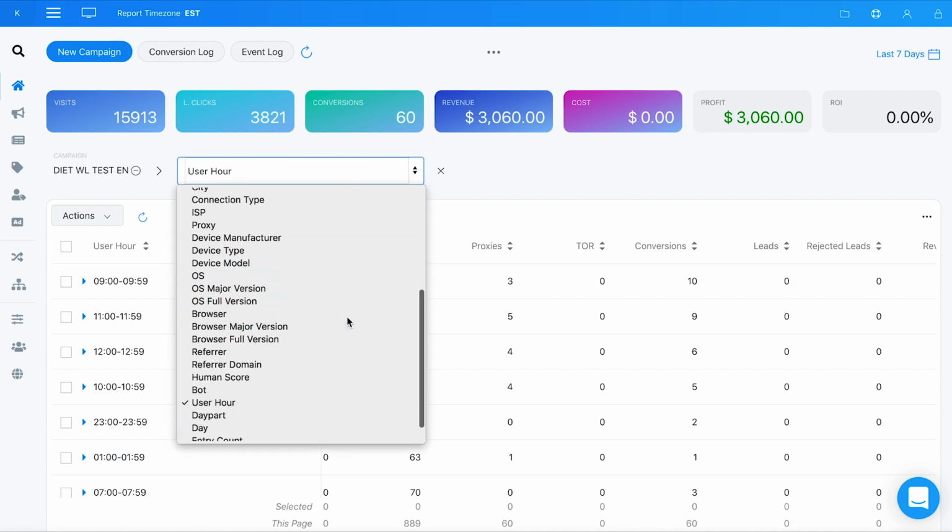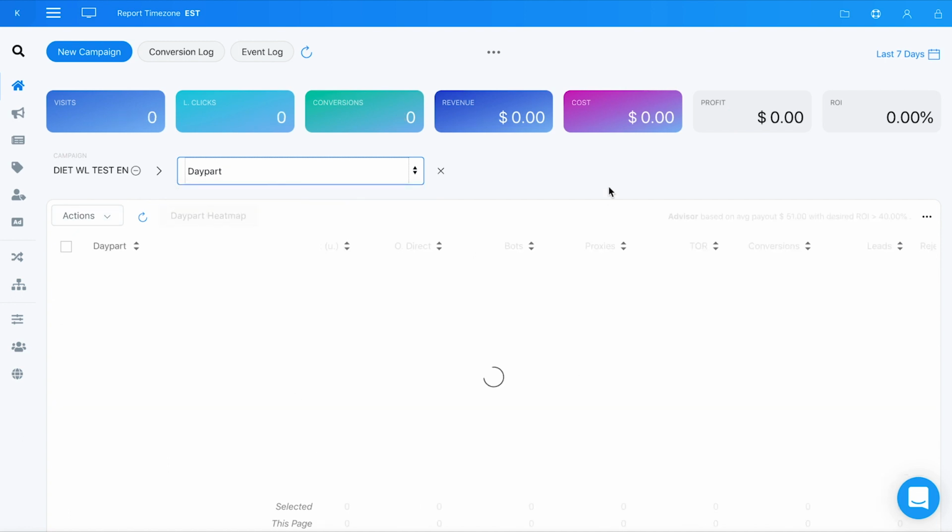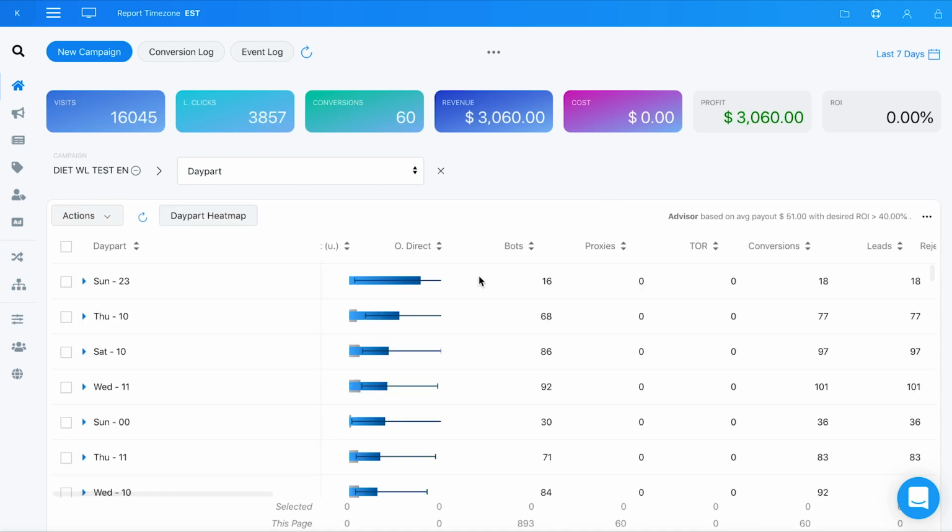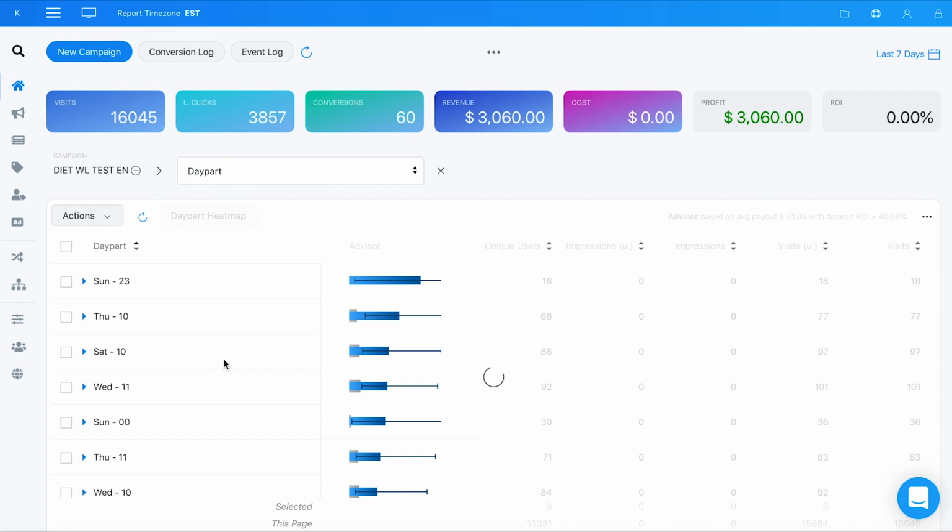If I go to the day part report here, we can see which of these weekday and hour parts of the campaign are working. I'm going to go ahead and sort these, starting with Sunday and working our way down.